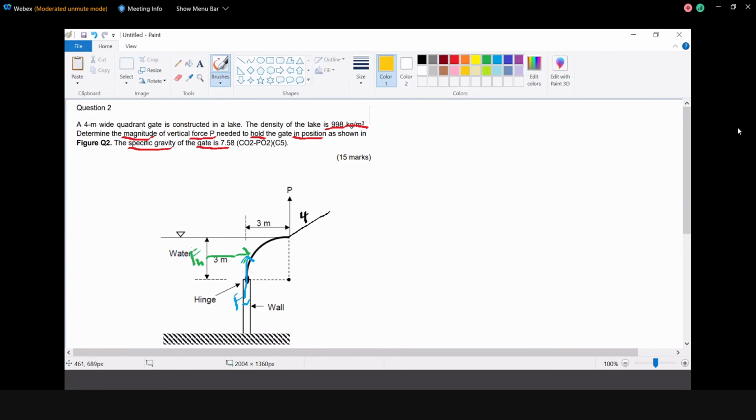The weight must act at the center of gravity. So we should have the center of gravity for the quadrant. Okay, we have the center of gravity for the quadrant. So we have the weight here.